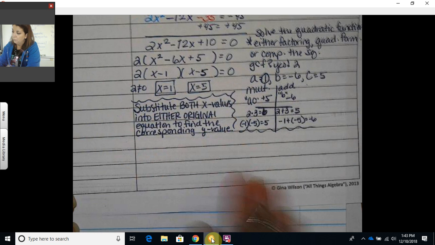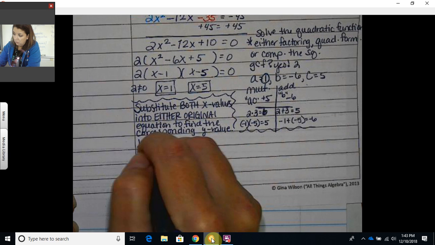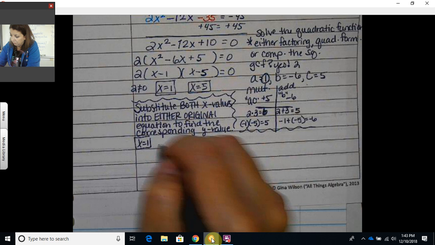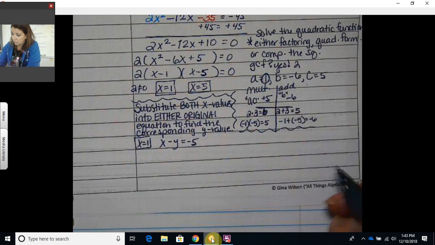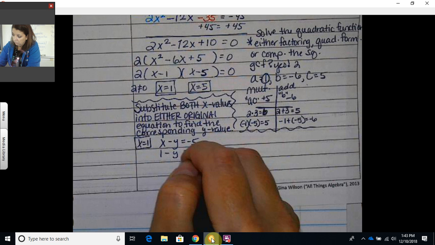So I have to do it separately. I've got to substitute x equals 1, and then I'll do x equals 5. So I'll start with x equals 1. And like I said, I'm going to substitute that into the linear function. So wherever I see an x, I'll substitute in a 1. And then just solve for y.